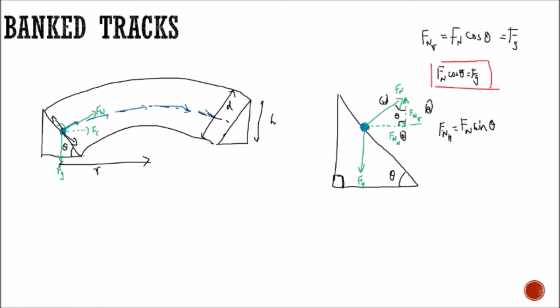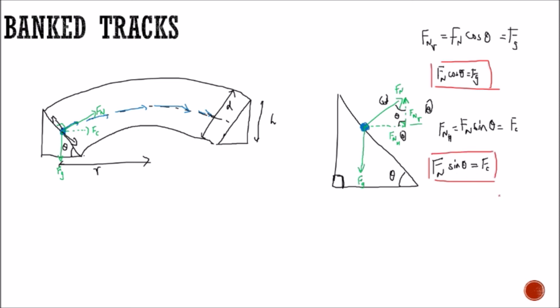So the normal force in the horizontal direction, which equals Fn sine theta, must equal Fc. Okay, I'm just going to write that again down here. The full magnitude of the normal force, multiplied by sine of the angle of the track, equals the centripetal force. Again, I'm going to just make that look a little more important.